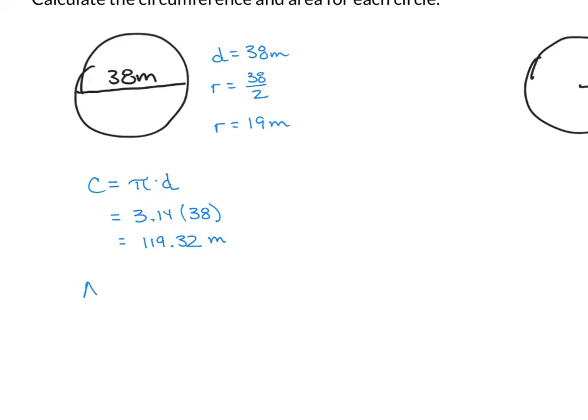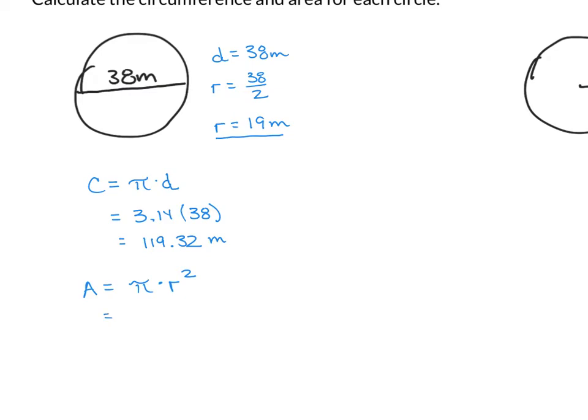That is our circumference, so now let's calculate our area. Our formula for area is pi r squared. This one, we do need our r value that we calculated. Remember that there is no formula for area in terms of diameter. So we're going to bring in the 19 that we found earlier.